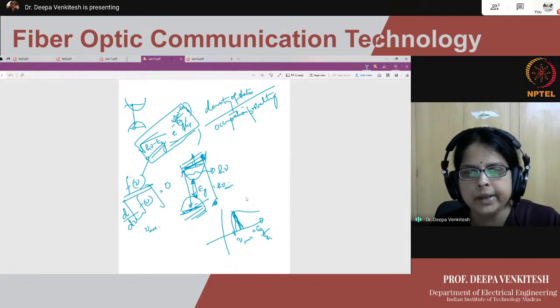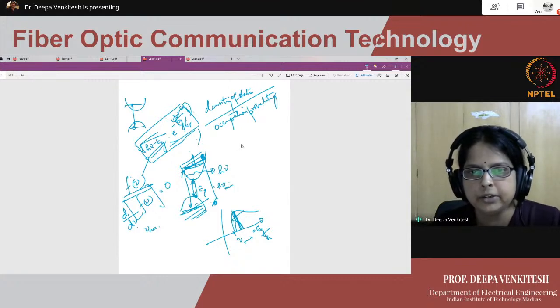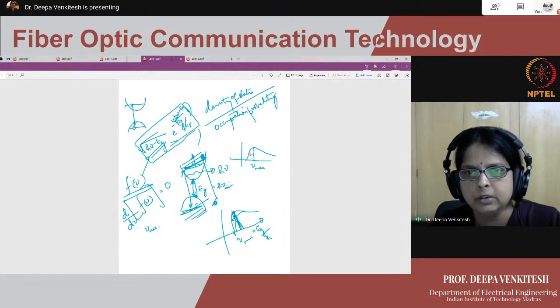Now you can also find the full width at half maximum by saying that, look at this point. So let me try and draw this spectrum once again. So you have, this is your spectrum. This is your nu max. And you want to find out two frequencies for which this spectrum value, let's say the maximum you normalize to 1, becomes half.